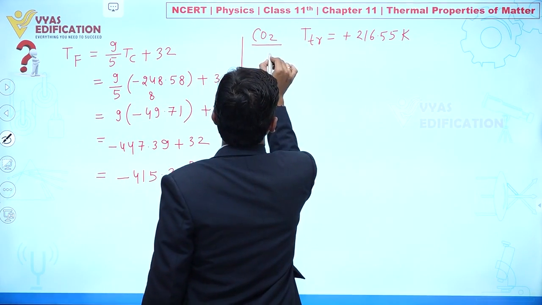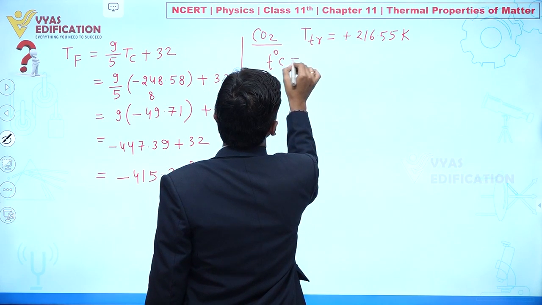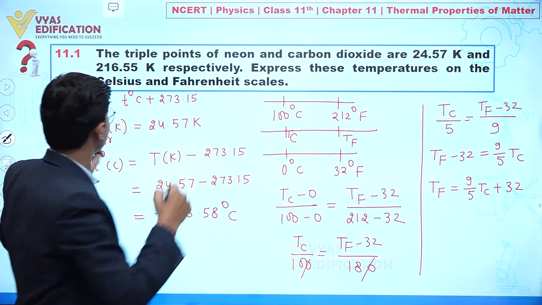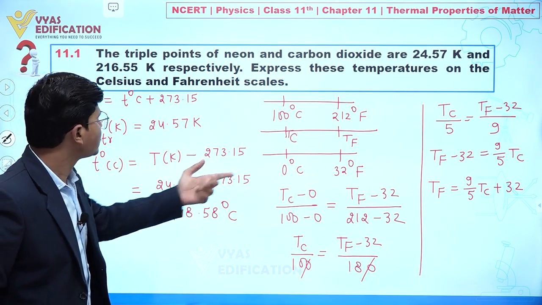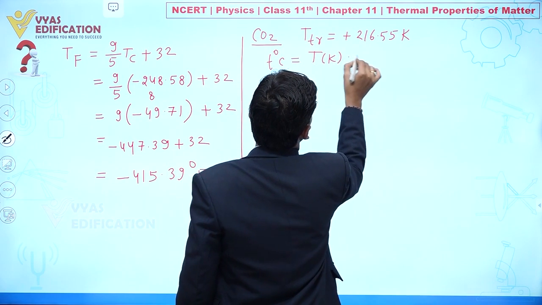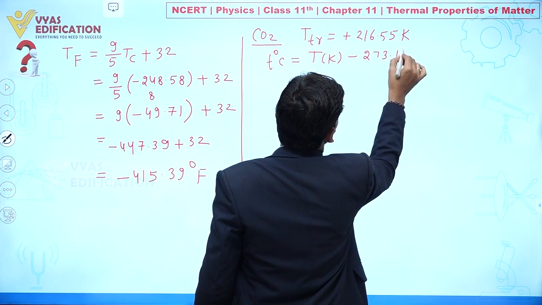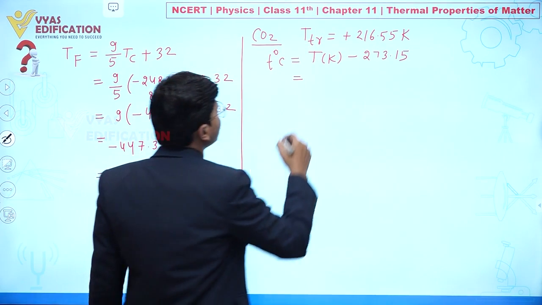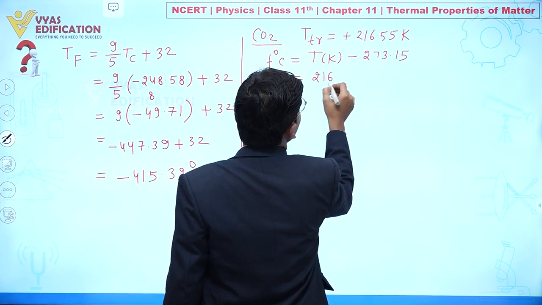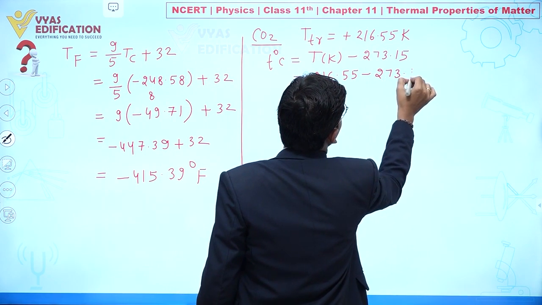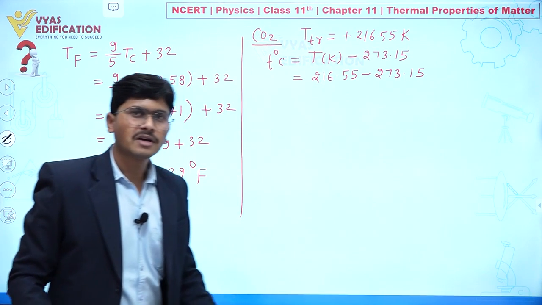Yes. So we can write it like this: T in degrees Celsius is given by, we know this relation, T in Kelvin minus 273.15. So what is the temperature in Kelvin? The temperature in Kelvin is given by 216.55 minus 273.15, clear to everyone.